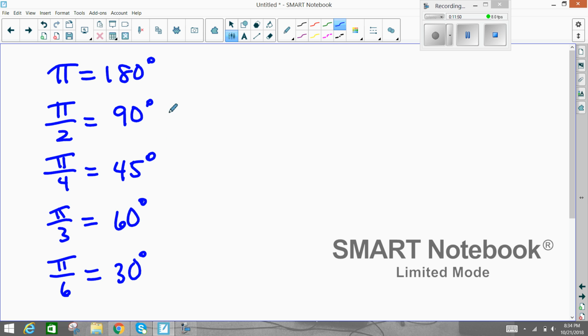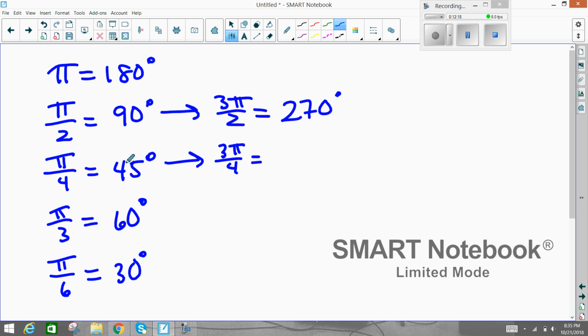Let's say then we have 3 pi over 2. Well, each half is 90. So if we have 3 halves, we have 270 degrees. Alright? So let's say we have 3 pi over 4. That's 3 times 45, which makes it 135 degrees.